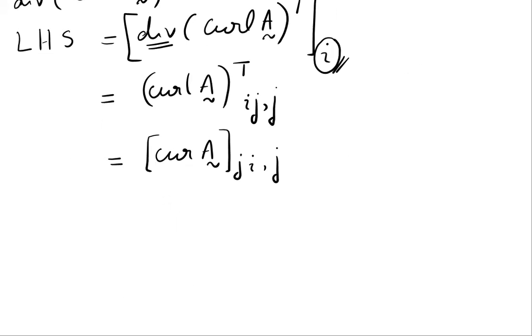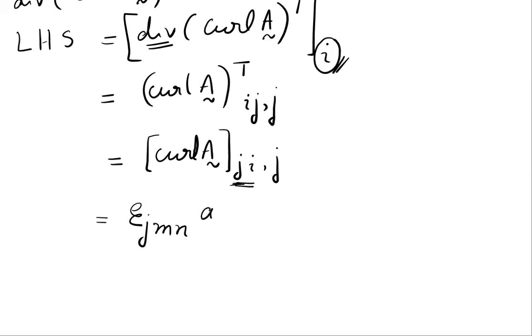Now we'll use the curl definition. Now we have to use the definition of curl A. Curl A, what components? I want JI components. So that is in terms of epsilon now, right? So epsilon. First you have here J, right? So J. The other two suffixes could be anything. We'll take them as M and N. Then I have to take the components of the tensor A, right?